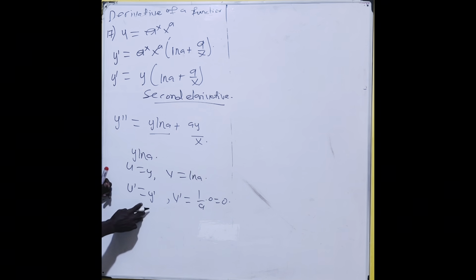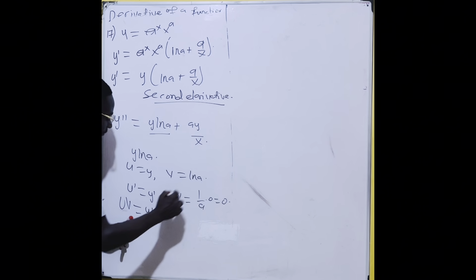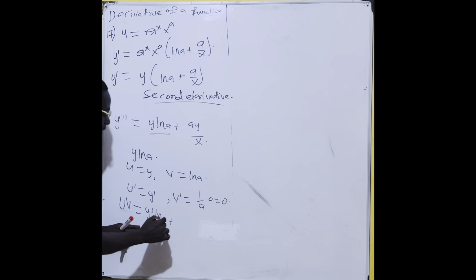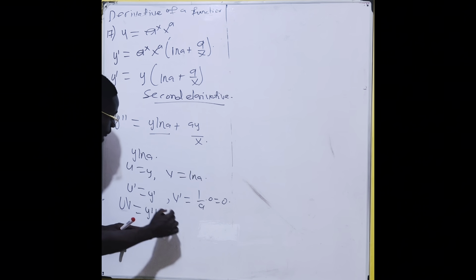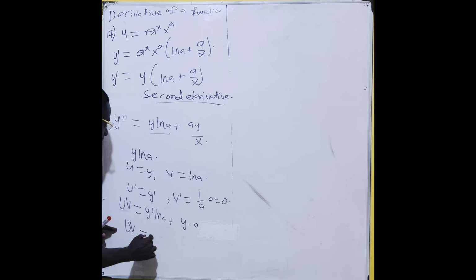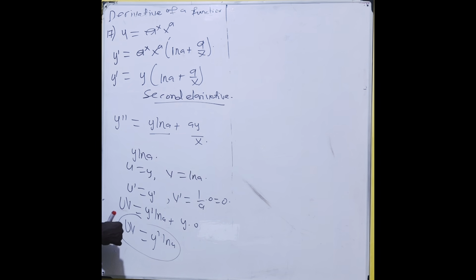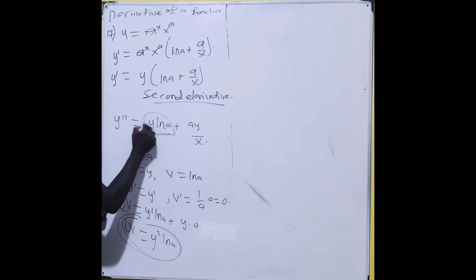Okay, so it means that our (uv)' will be equal to y prime times v plus u times v prime, which is 0. So our first term is this, right? So this is what we have for differentiating this.